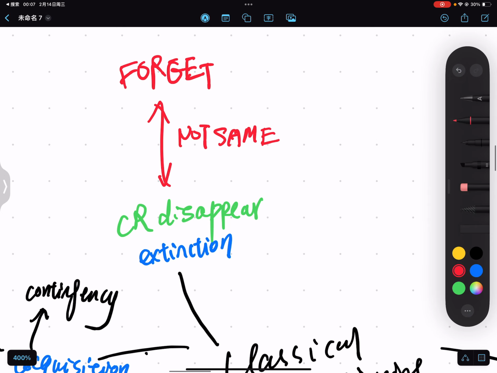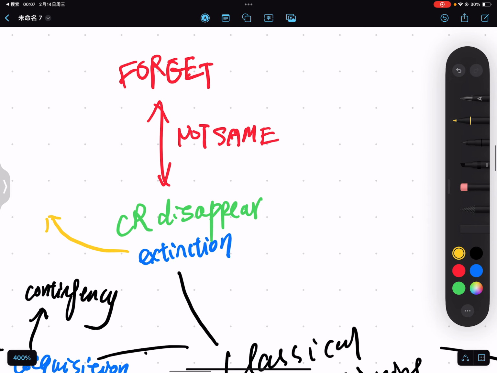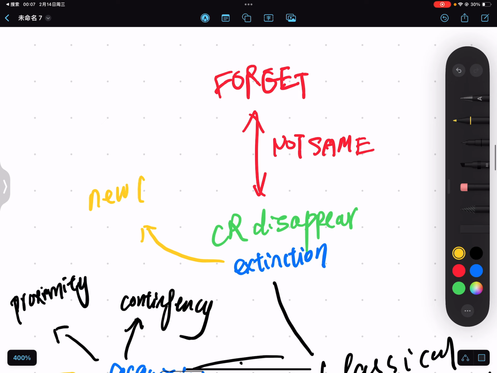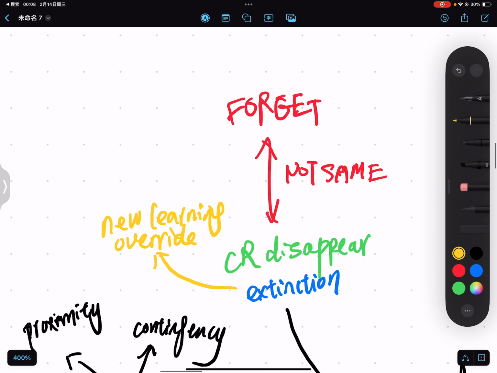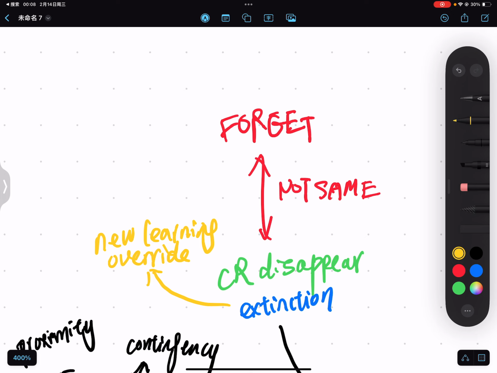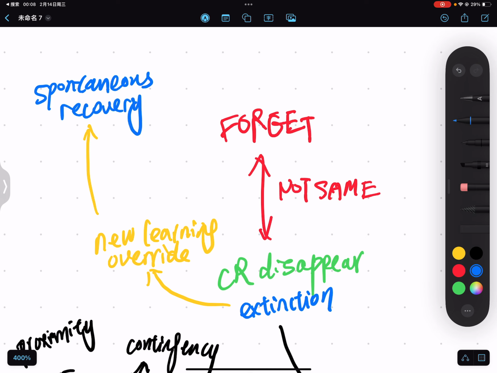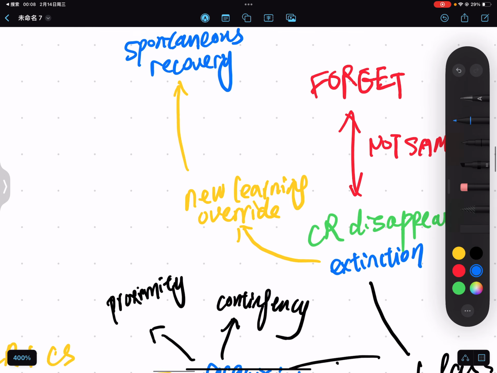But extinction is like new learning overriding old learning. And the difference from forgetting is that extinction has spontaneous recovery. If I stop giving food after the metronome, then the dog will stop salivating. But if I give the metronome and food again, then the dog will salivate again.